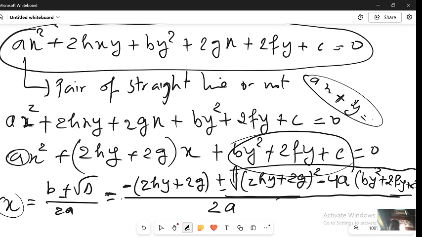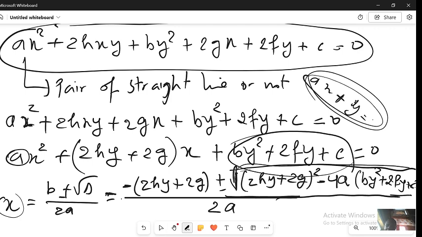Now, this is the value of x. The value of x is equal to this whole expression. This one is with respect to y, but the problem is there will be a y square here, and the equation of a straight line doesn't have a y square. That means that to be a pair of straight lines, this square root has to be equal to 0.